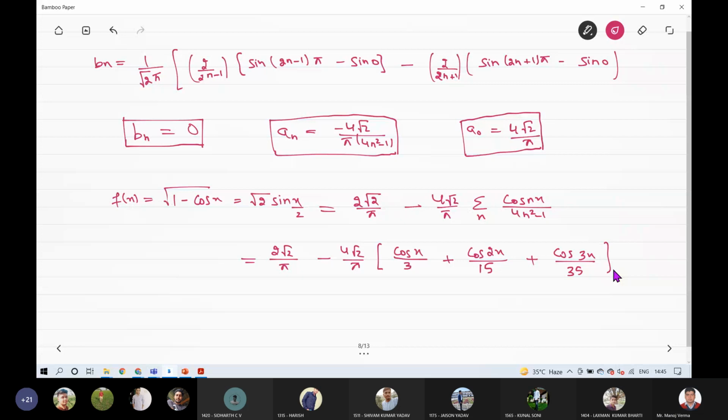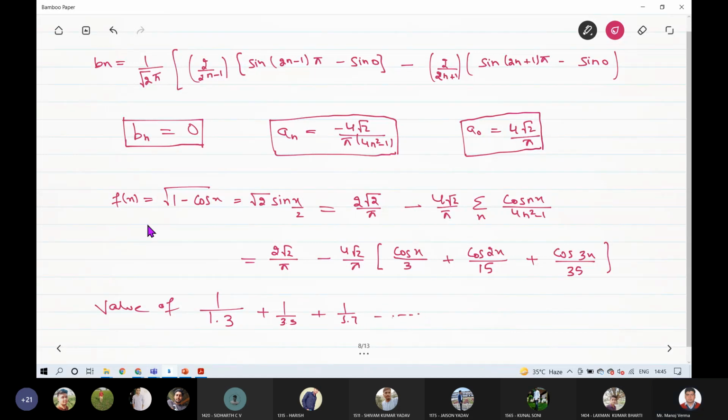So in this case, you're also supposed to find an identity, and you're supposed to find the value of 1 over 1.3 plus 1 over 3.5 plus 1 over 5.7.